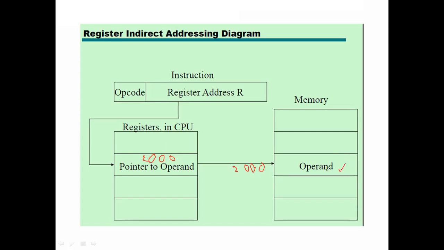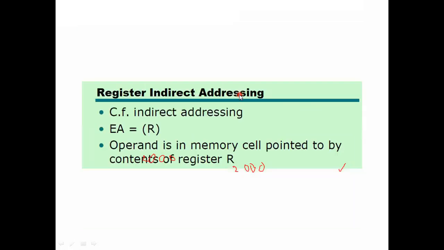This is register indirect addressing mode. Next, so here the effective address is equal to square brackets of R. Okay, ma, square brackets of R. That means here the contents in that register. Okay, so operand is in memory cell pointed to by contents of register R.